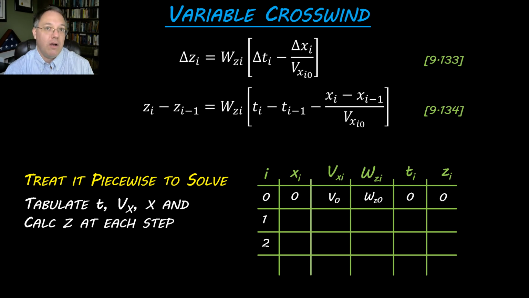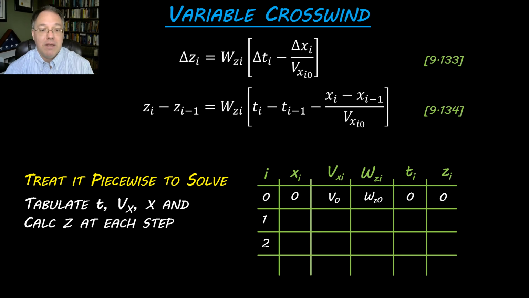So from 0 to 100 meters, we might have a crosswind that's one velocity, and we'll calculate what the delta z is that gives us our deflection at the end of the 100 meters. Then maybe from 100 to 300 meters we've got different wind conditions, and we can calculate over that distance the new delta z, add that into our previous, and come up with our z sub 2, or if we want to call it, z sub 300.